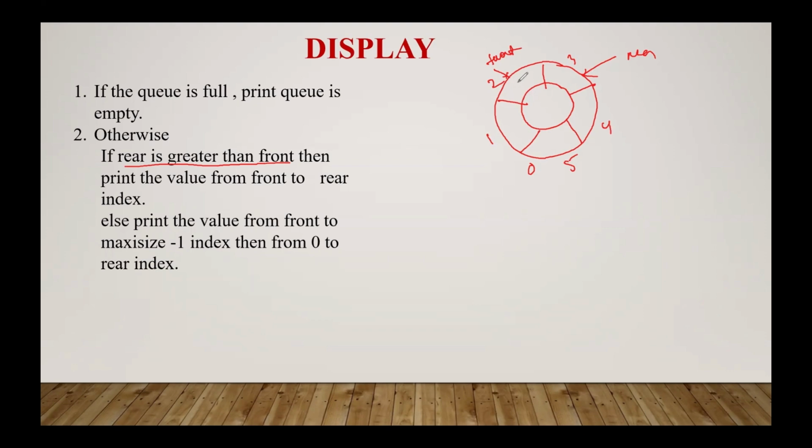Now the front element is 10 and the next is 20. In this case, two elements are present, so we have to print 10 and 20. We start from the front to the rear index and just print 10 and 20.